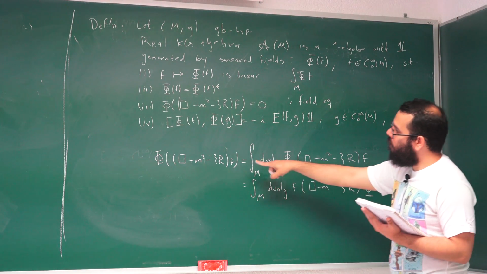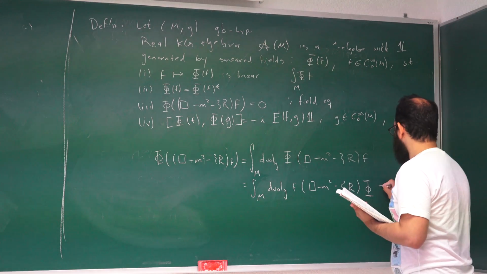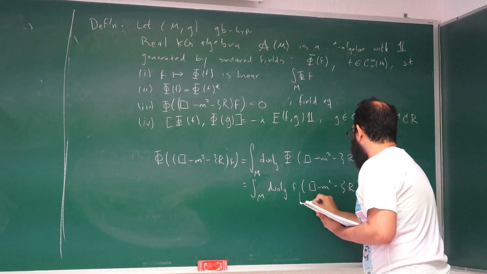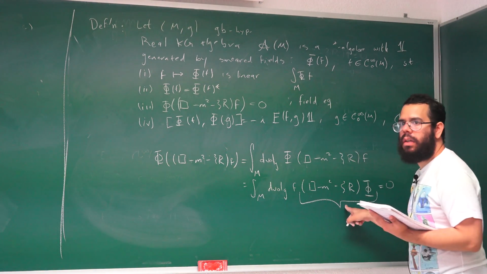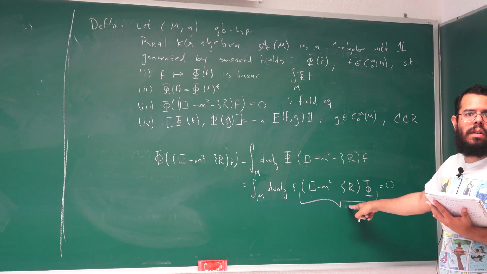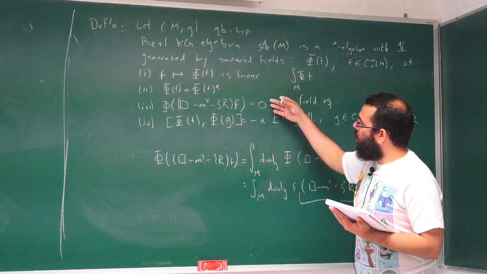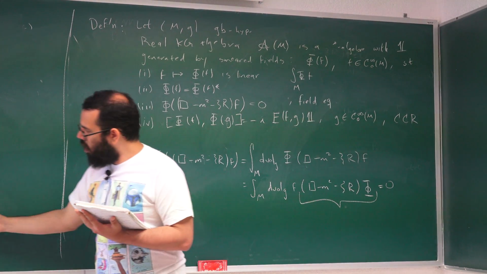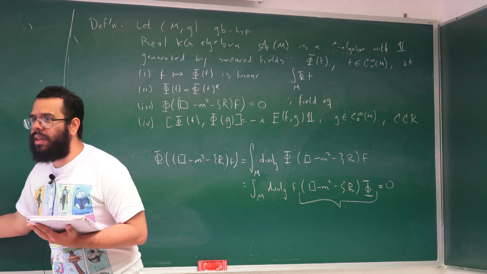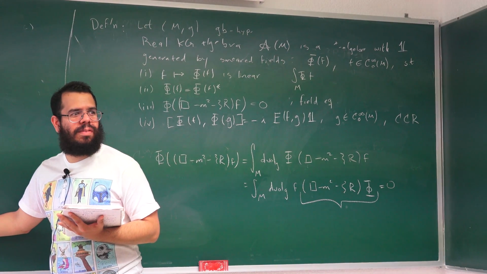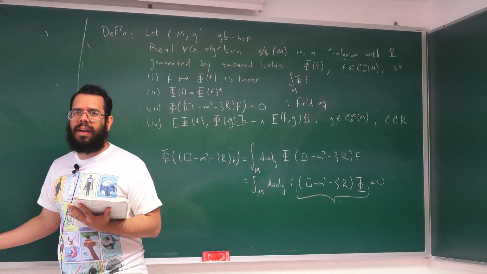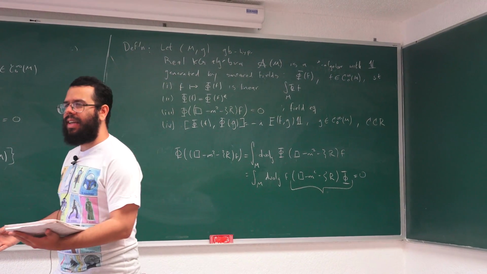But this is 0. So what I'm getting is the field equation here. Okay. So the Klein-Gordon field satisfies the field equation. That's the statement of axiom 3, and that is coming very beautifully from this observation of the degeneracy of the Poisson bracket, right? So you see everything ties in very nicely.